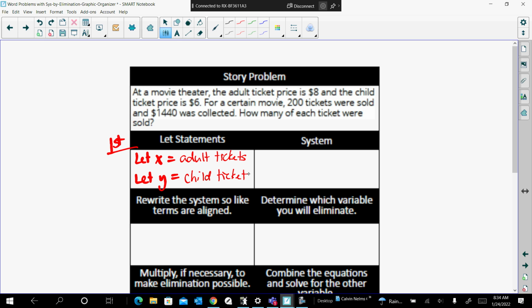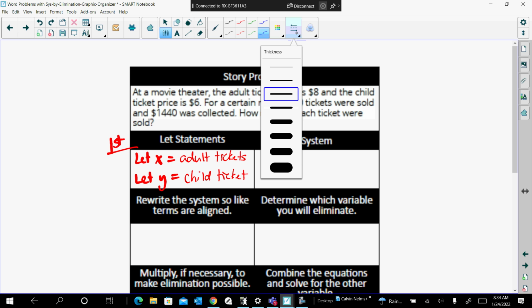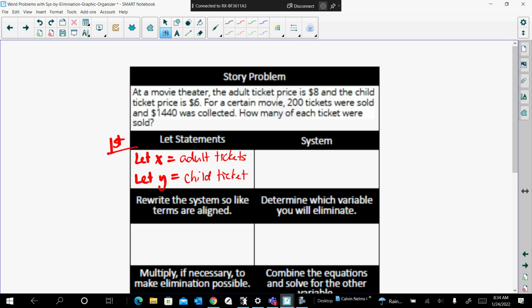To help you break down your equation, pay attention to the given information in the first or second sentences. So at the movie theater, this is talking about the adult tickets is $8, child is $6. That was part of our let statement. Then we go here, a certain movie had 200 tickets sold. How would I show an equation showing that? 200 tickets sold.